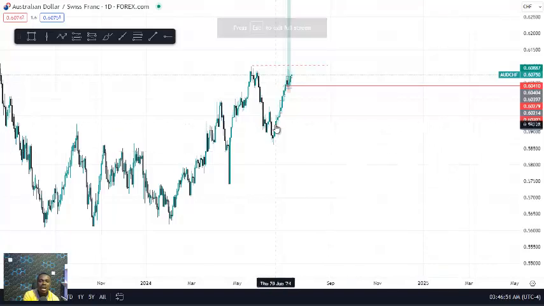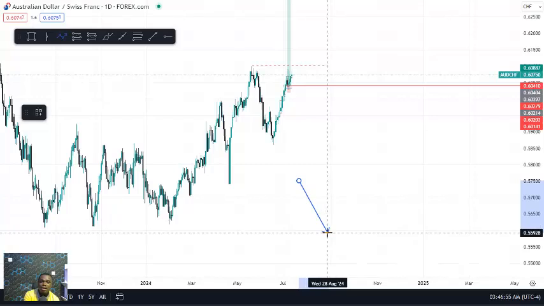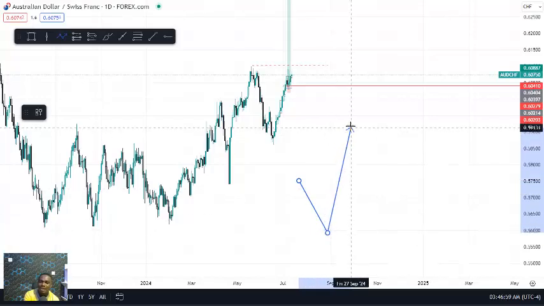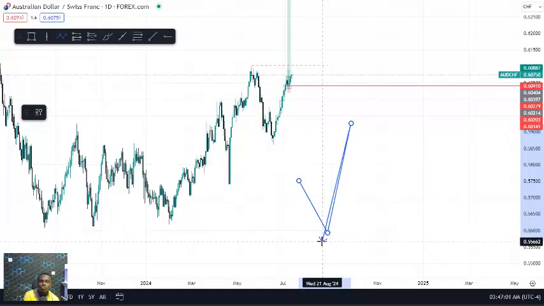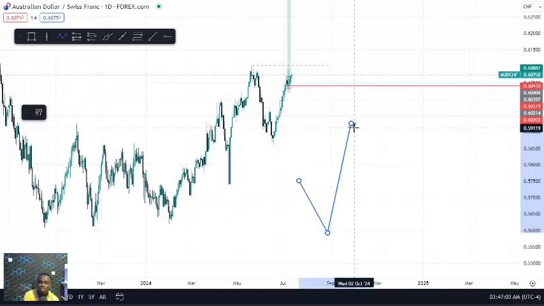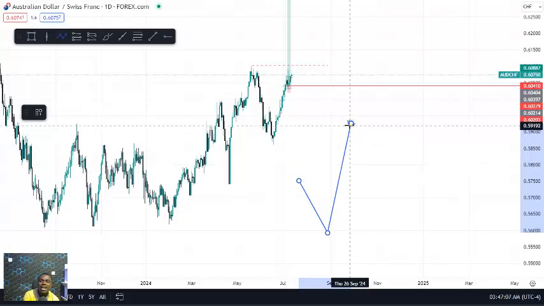A swing point is the distance between, in an uptrend, a higher low and a higher high. So this distance from this low to this high we refer to as a swing point. Now in an uptrend, we want to see higher highs constantly being broken.